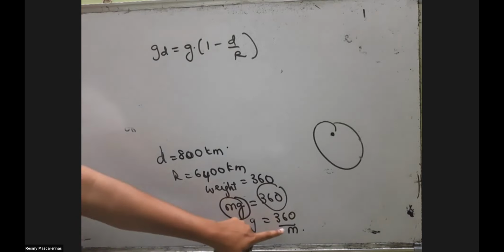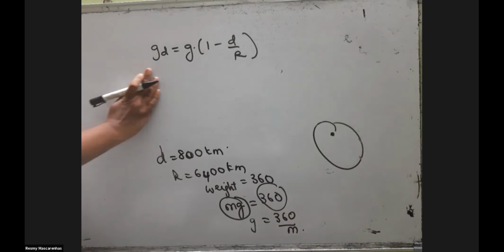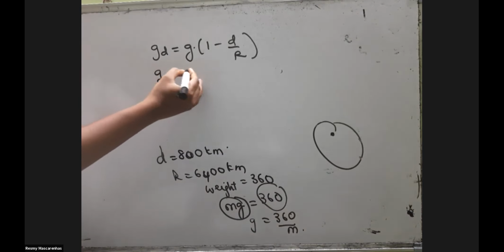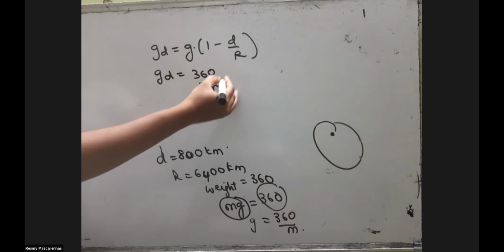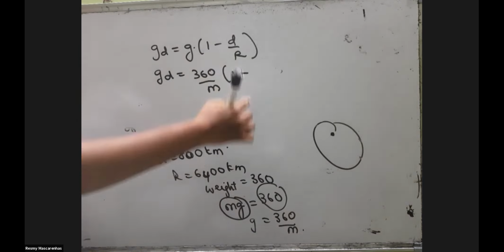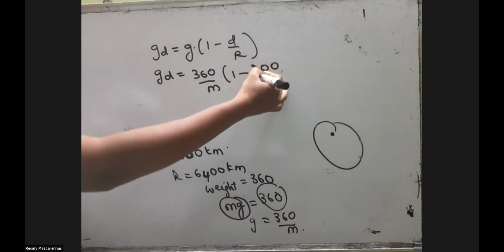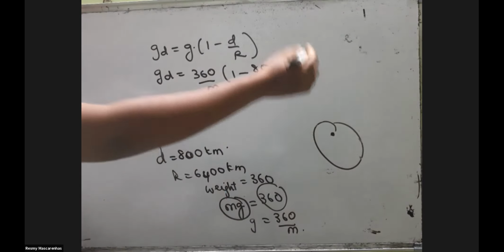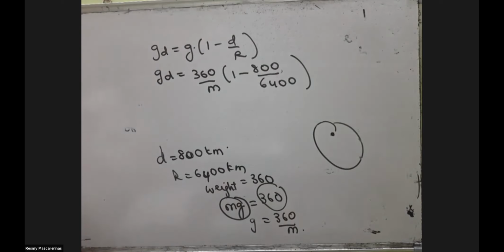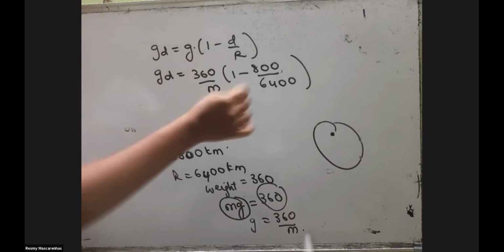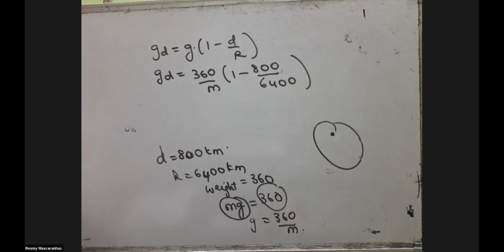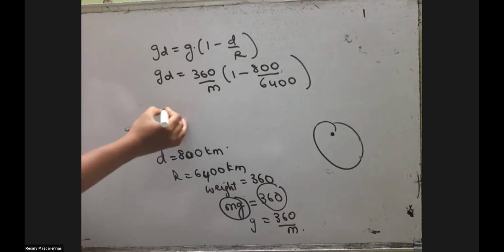You can take like this. So now Gd is 360 upon m, 1 minus, what is the depth? 800 upon 6,400. Both are in terms of kilometers. Kilometer will anyways cancel. Even if you had converted into 10 raised to 3, both would be 10 raised to 3. It would cancel and you would finally get this one. Now this m we will take this side.